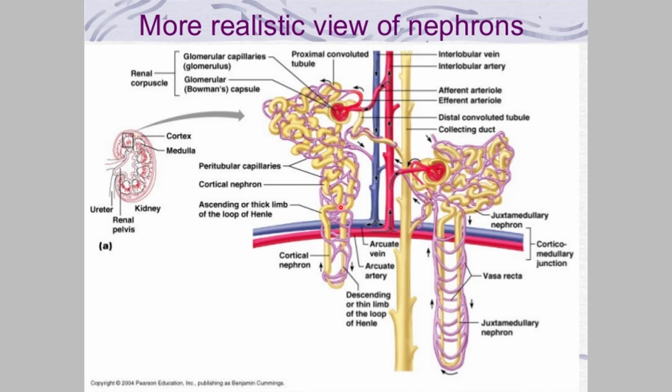As we move through the nephron, we are constantly taking things out of the filtrate inside the nephron and moving it into the capillary. And we are taking stuff from the blood inside the capillary and putting it into the filtrate. So we're constantly moving stuff back and forth between the yellow tube and the purple tube.